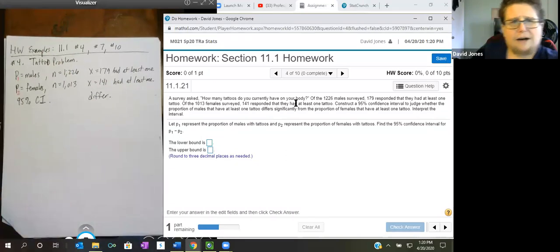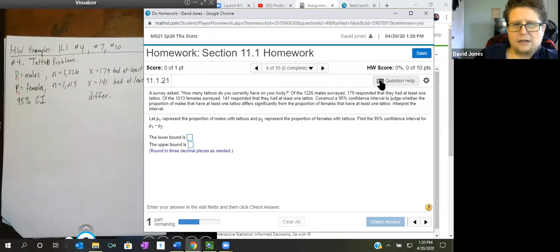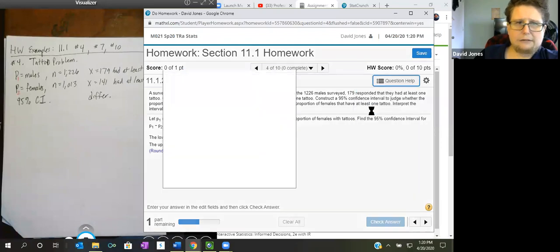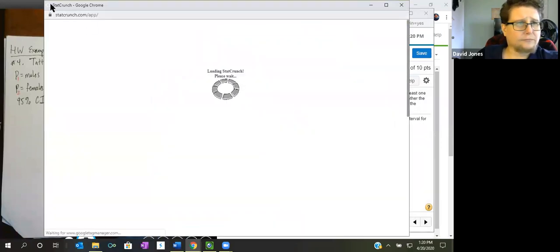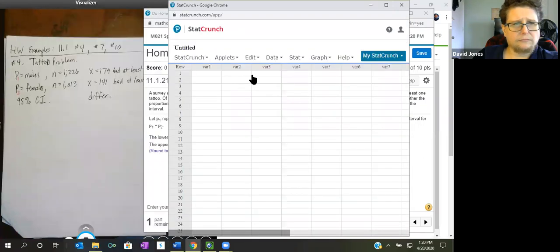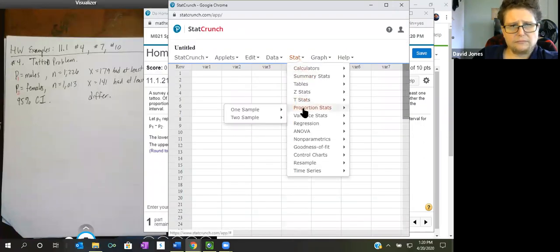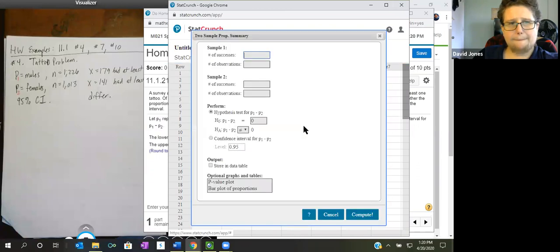They just want the confidence interval. So we're going to go to question help, StatCrunch. Stats, proportion stats, two sample with summary. They said do males first. So I had 179 students out of 1,226 for males. I had 141 out of 1,013 for females.